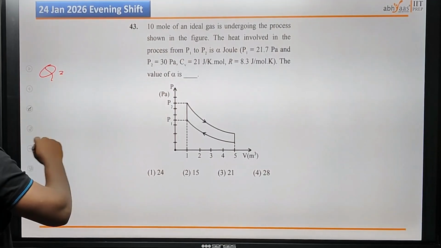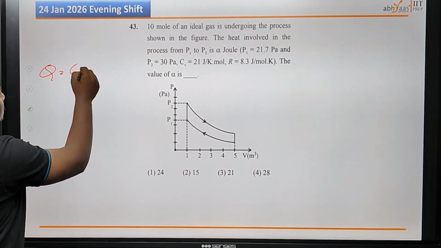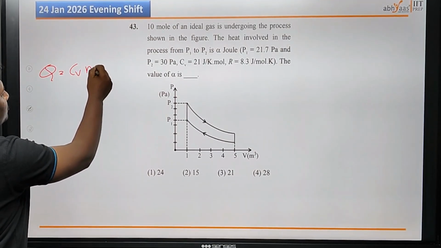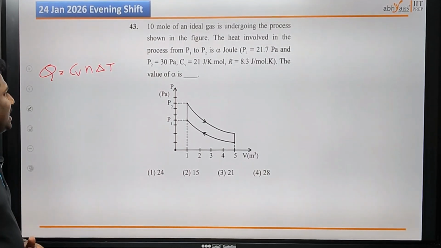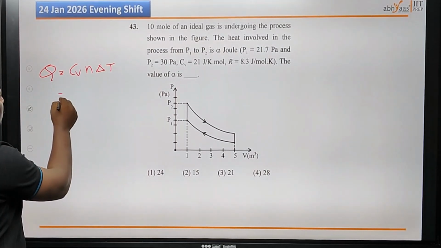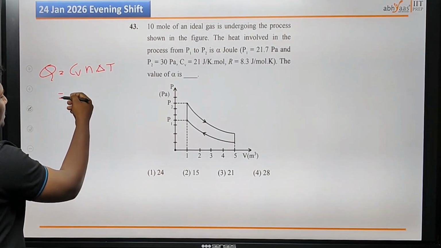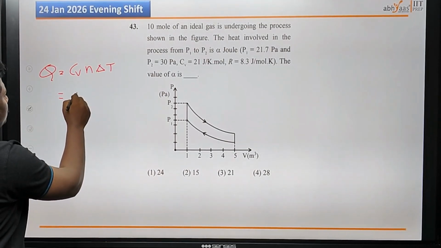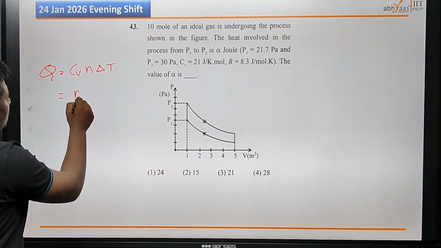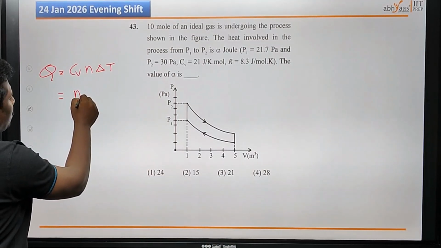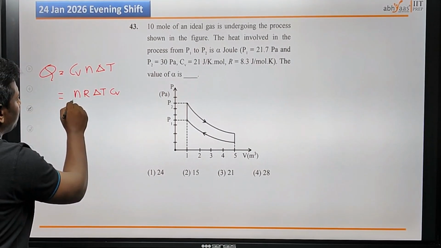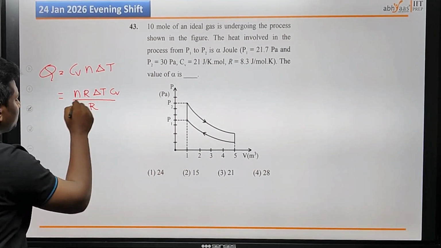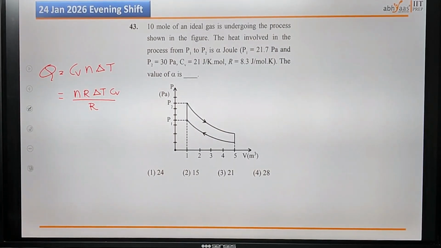Q can be written as CV n delta T. If I divide and multiply with R, n R delta T into CV, I am dividing with R. What will happen? So see here.